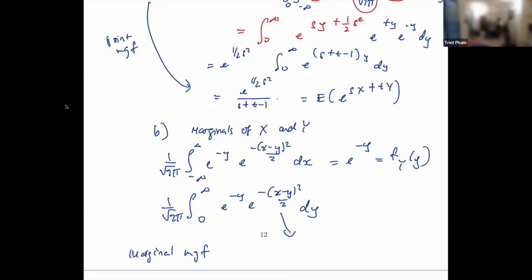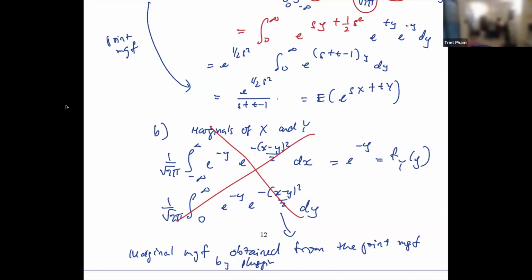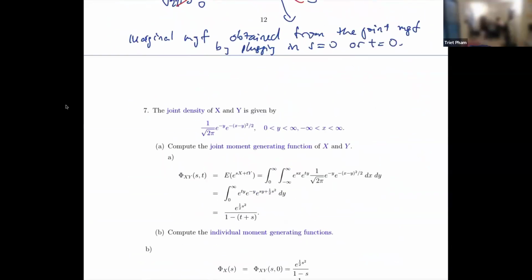I had a complete lapse of thinking. The marginal MGF can be obtained easily from the joint MGF by plugging in s equal to 0 or t equal to 0. That's really it. And there it is.